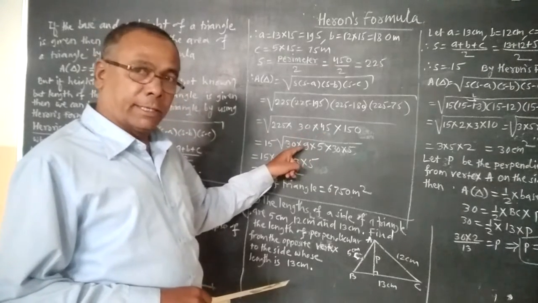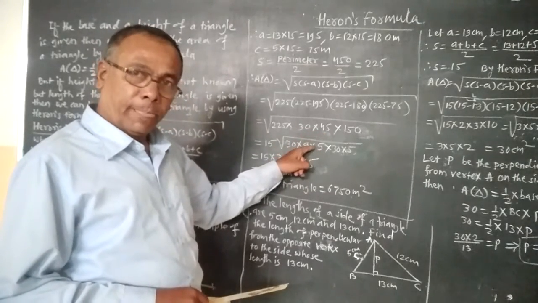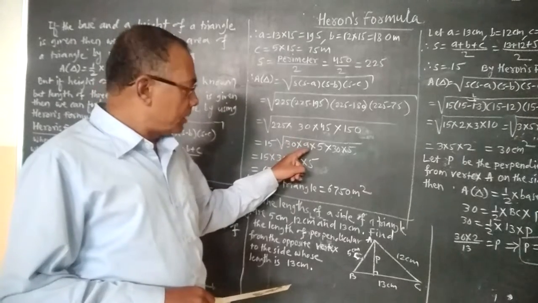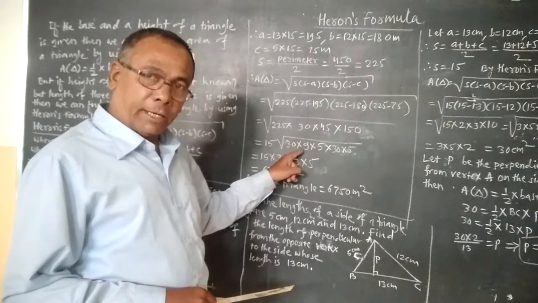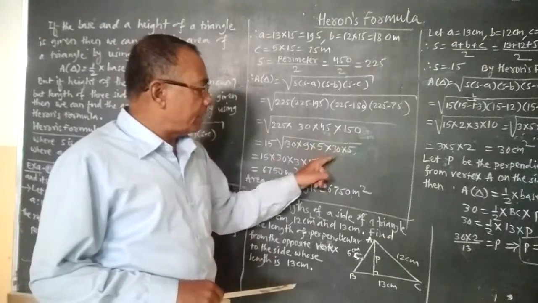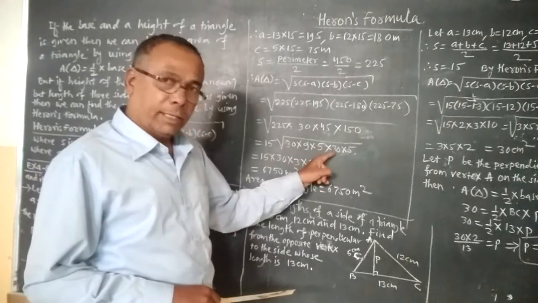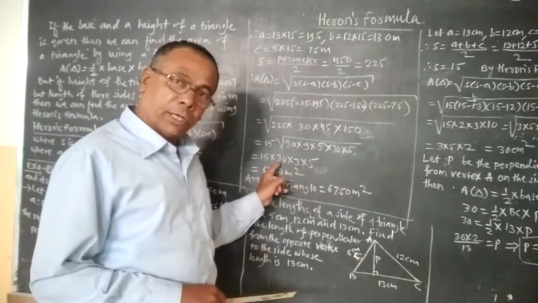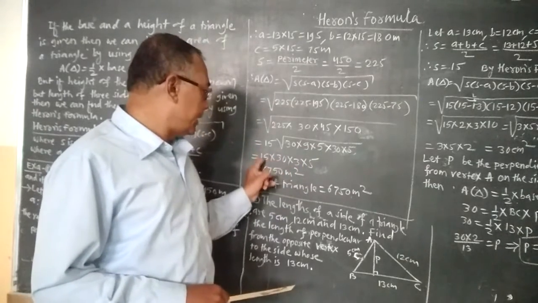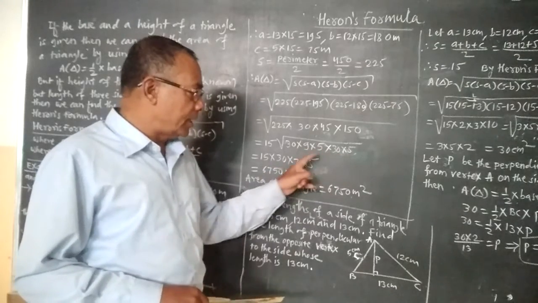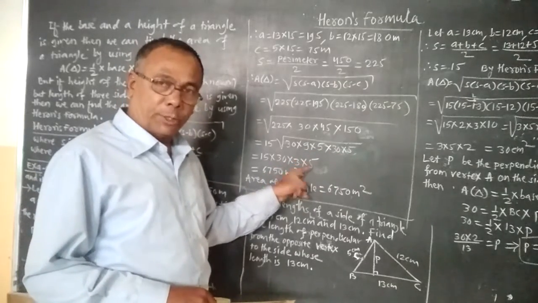45 can be written as 9 into 5, because one factor 9 we can find the square root of 9. Then 150 can be written as 30 into 5. Here 2 times 30 means we write 13 one time, so 15 into 30 into square root of 9 is 3, and 5 5 are 25, square root of 25 is 5.